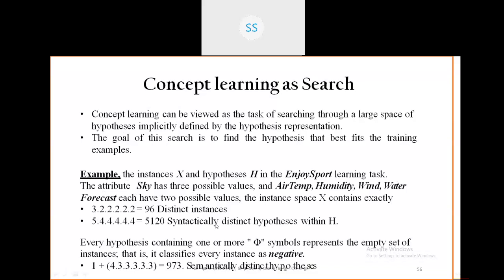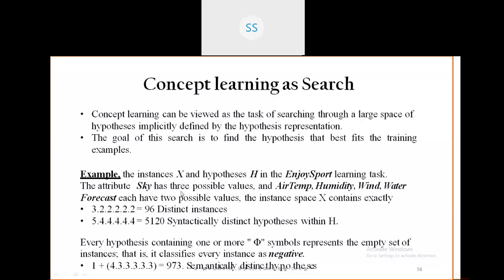That is given in the first one, the distinct instances you can create. 3 values for the sky, 2 values for all other attributes, that is air temperature, humidity, wind, water and forecast. And each attribute can have 2 more values implicitly.